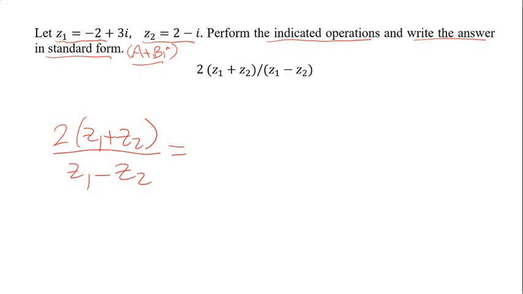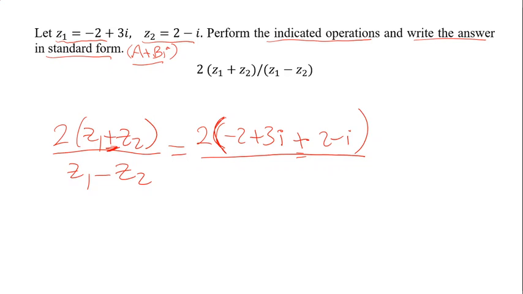And let's substitute them. So we can write 2 times (-2 plus 3I) plus (2 minus I). Since there's a plus here, you don't have to put them in parentheses. I mean, you can do it, but since there's an addition here, you can remove them. The important part is when there's a minus sign here.